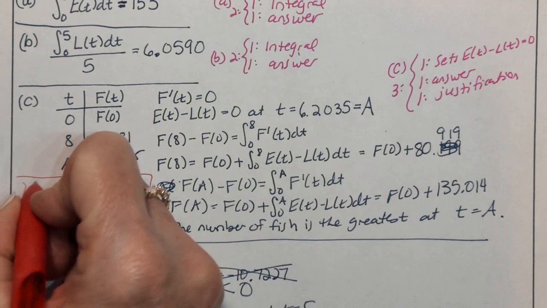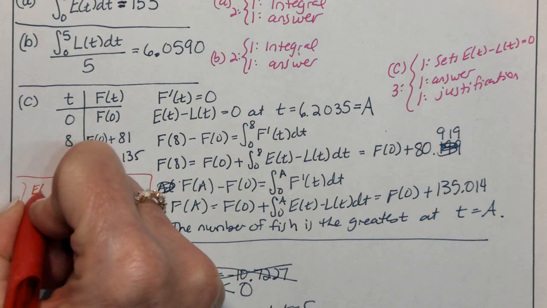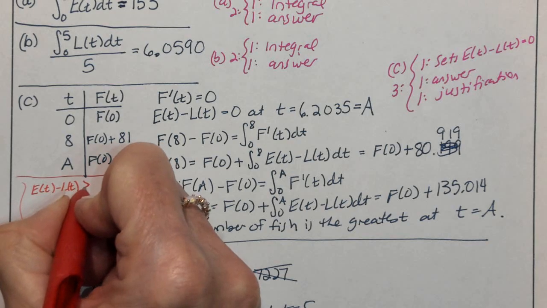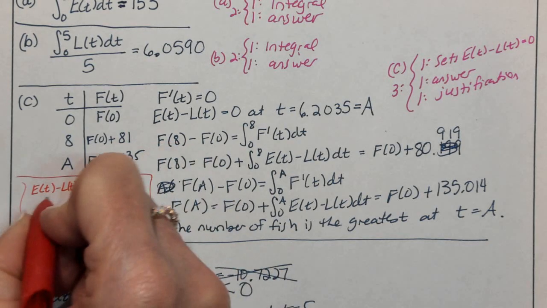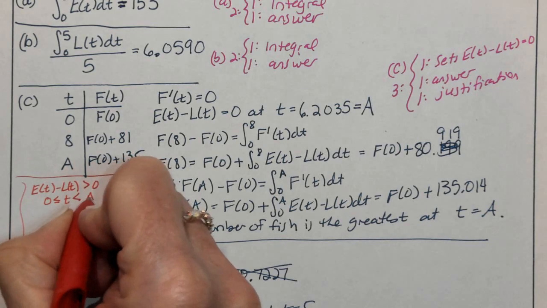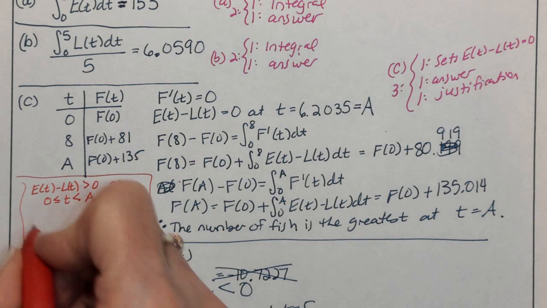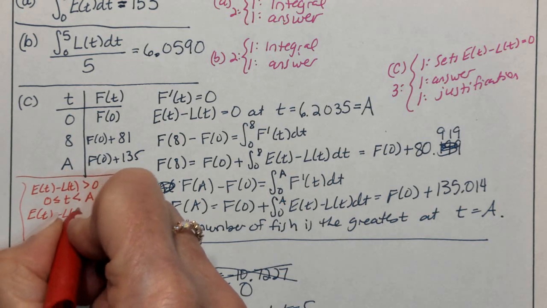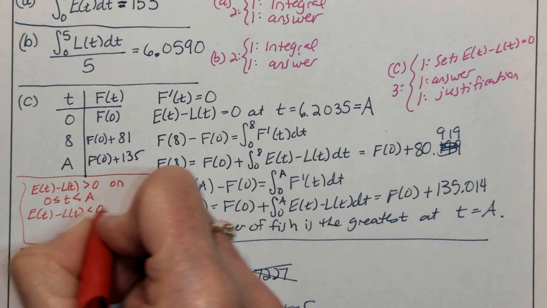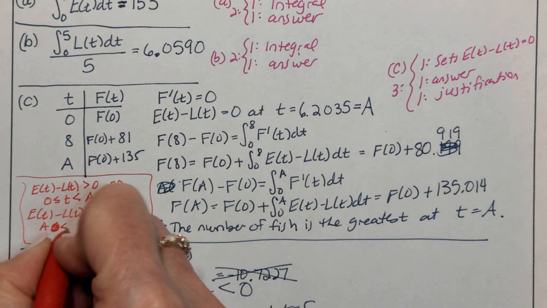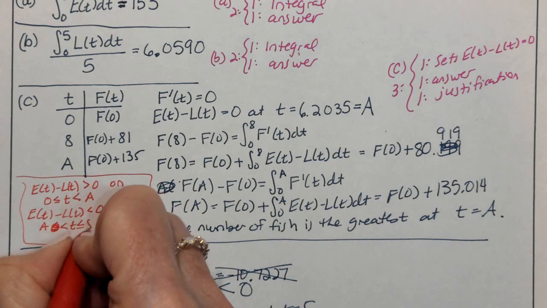Something like E of t minus L of t is greater than 0 on 0 to A. E of t minus L of t is less than 0 on A to 8.